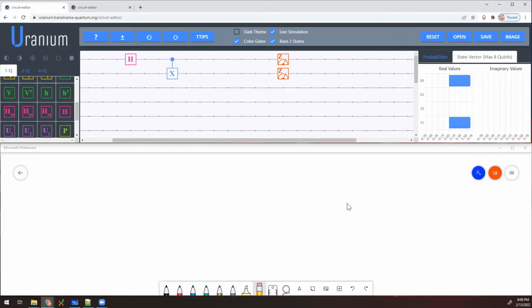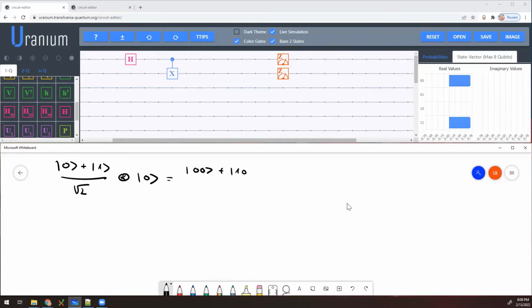Let's also see this in writing. We start with the plus state on the control, and with the 0 state on the target. And this is equal to |0,0⟩ plus |1,0⟩ over square root of 2.